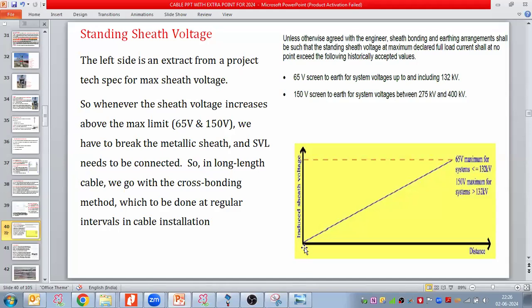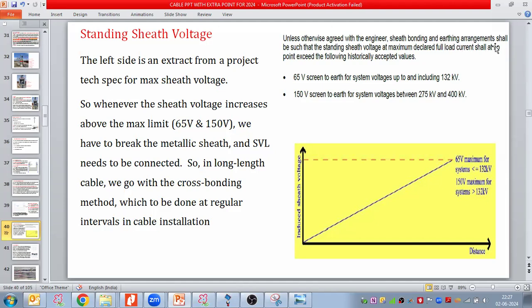At the starting point where we have done the solid earthing, voltage is 0. When the cable distance increases, the sheath voltage increases linearly. The specification says the sheath voltage should not go beyond 65 volts unless otherwise agreed with the engineer.